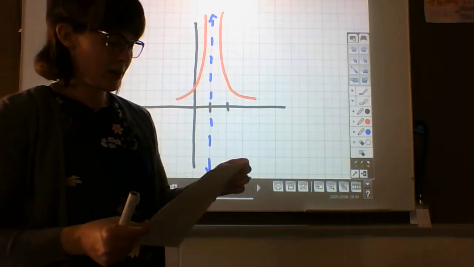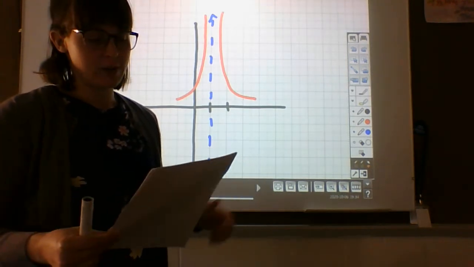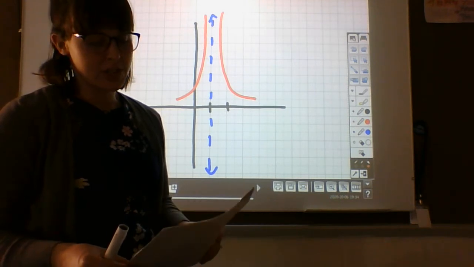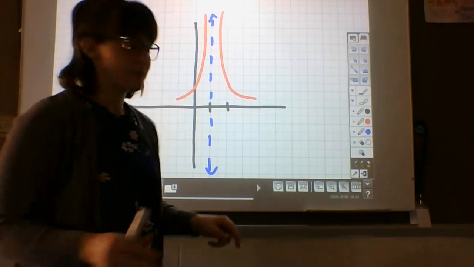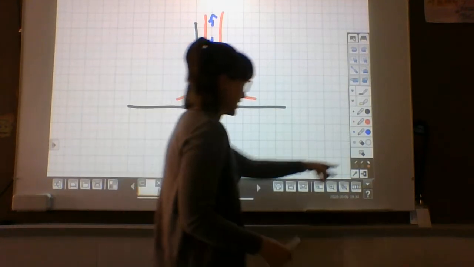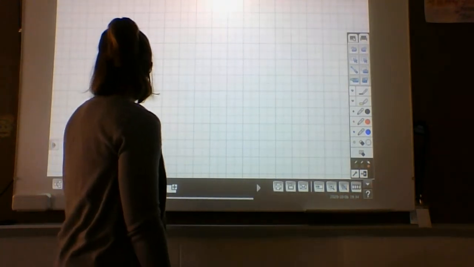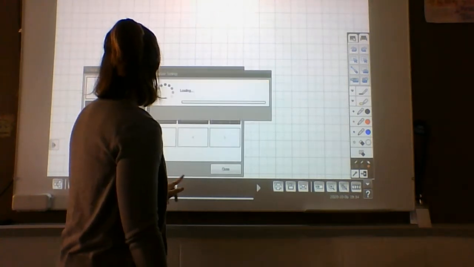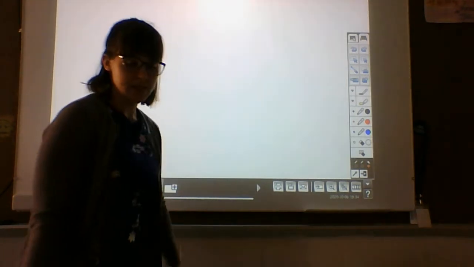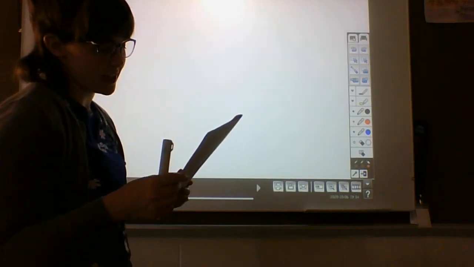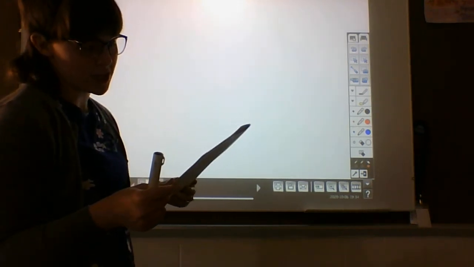Okay. All right, so now I'm going to show you how to find if a function has a vertical asymptote just from the equation. We're going to get to do some factoring again, which I know you're so happy about. Okay, so example 2 says a vertical asymptote occurs at a given value that makes the function undefined.